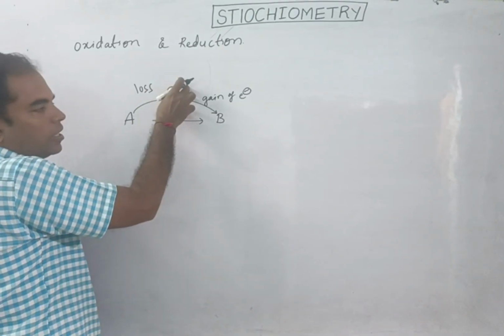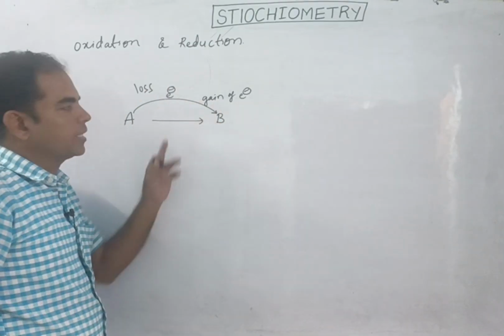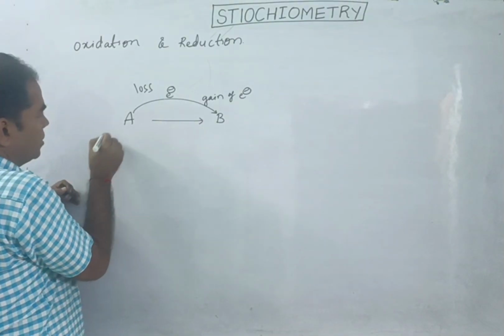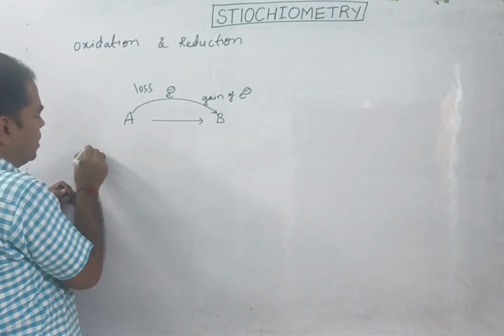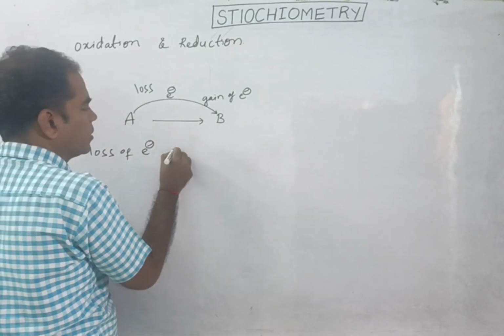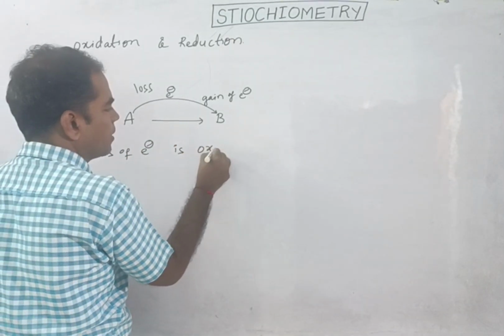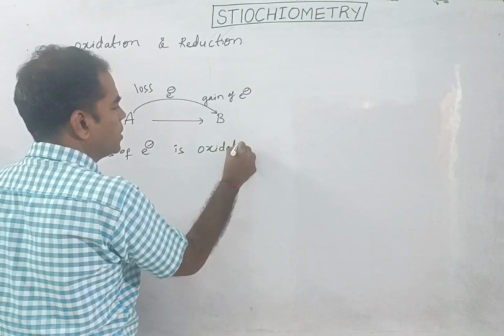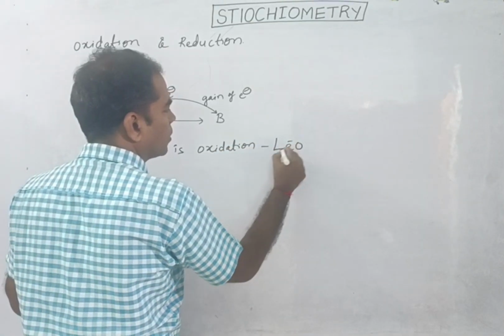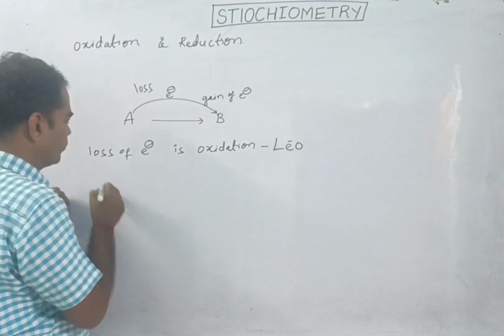A loses one electron and B gains that electron. Here loss of electron is oxidation. Simply, loss of electron is oxidation, LEO.